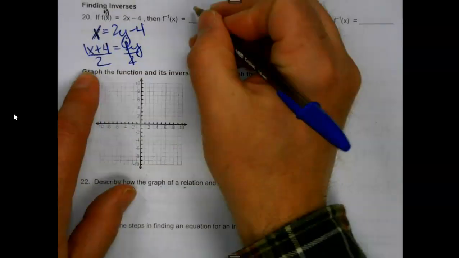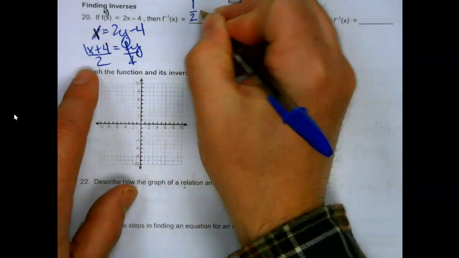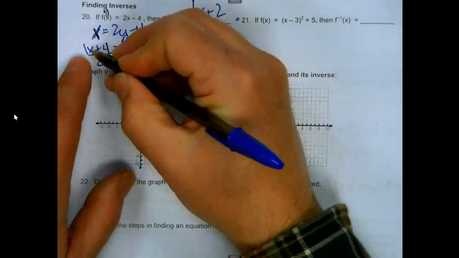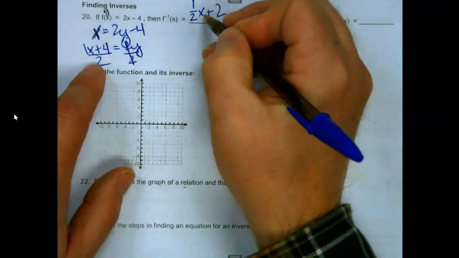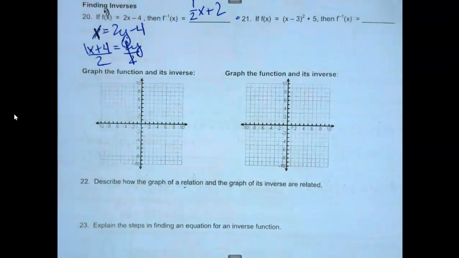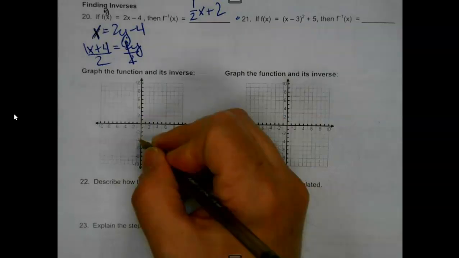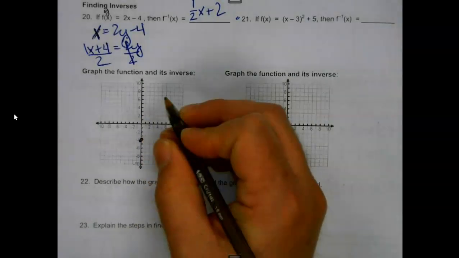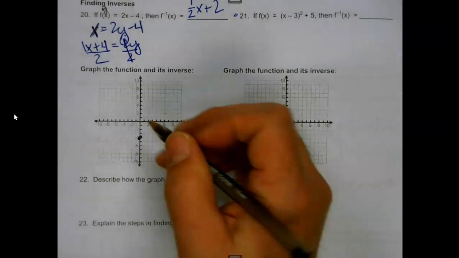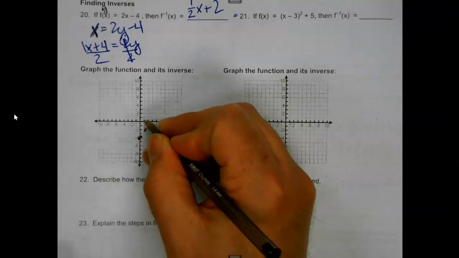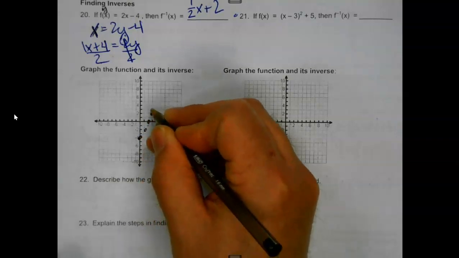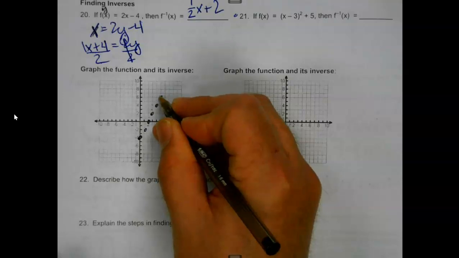So I'm going to go ahead and split this into pieces. 1x over 2, 1/2 x. 4 divided by 2 is 2. And so when I go to graph these, I'm hoping at this point we're okay graphing a line. If we're not, that's a whole other issue.